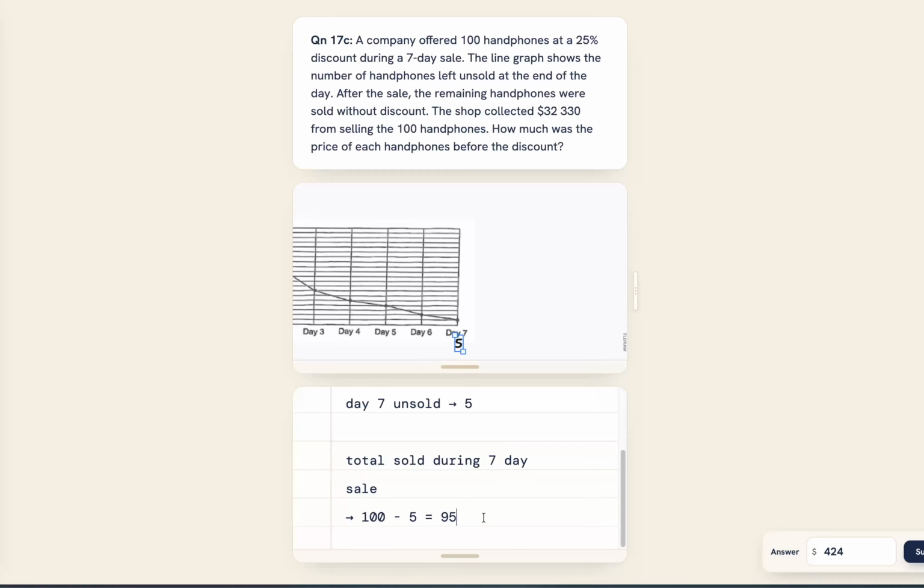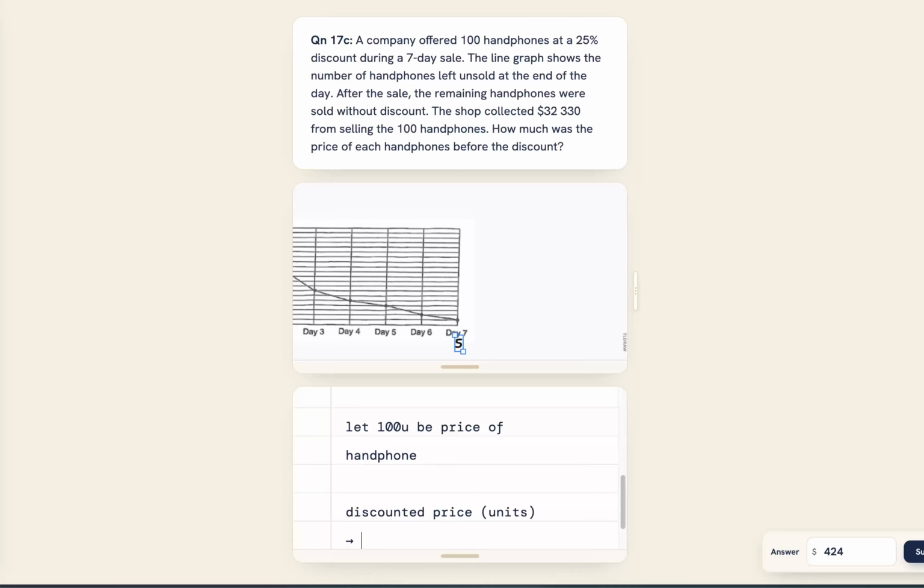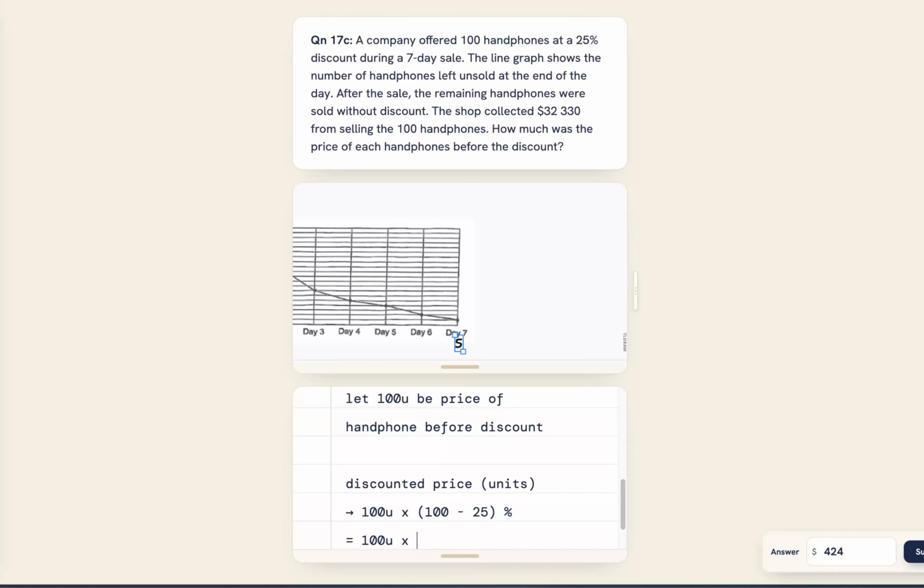So if you're not sure what to do next, the easiest way is to let 100 units be the price of a handphone. So the discounted price in units, since we have 25% discount, is basically 100 units times bracket 100 minus 25%, and this will be equal to 100 units times 75%, which is 75 units.